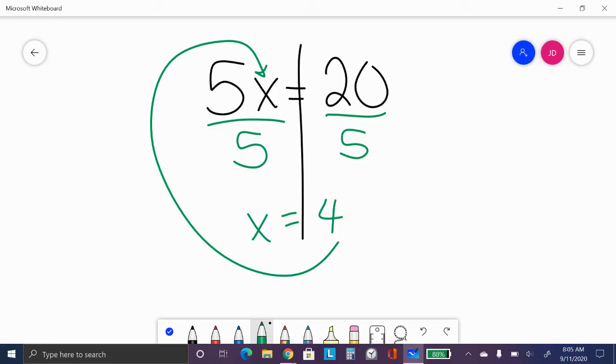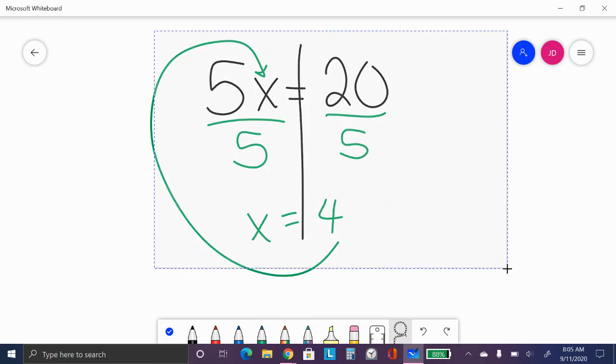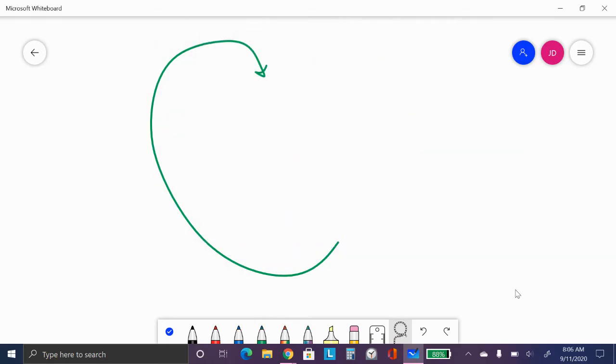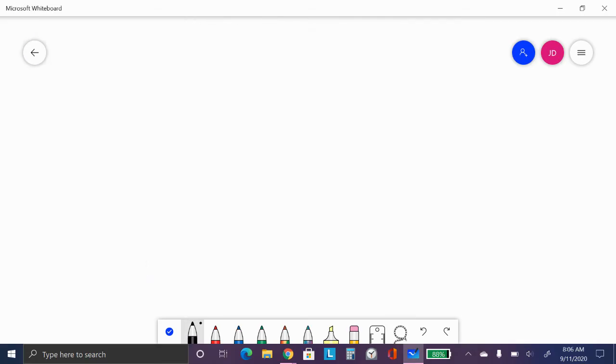And the last type we might see is if we have something like this, x over 3.